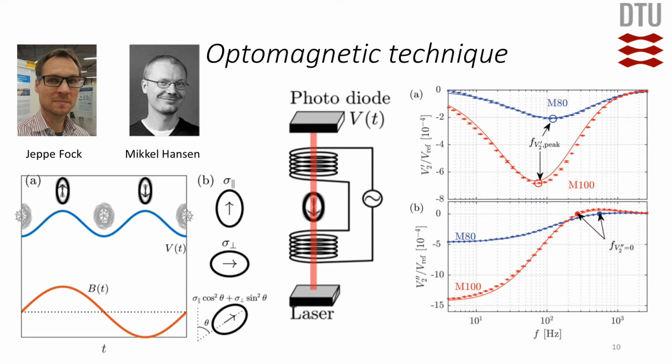On the plot in the left corner, you can see the oscillating magnetic field in orange and the second harmonic optomagnetic effect as a blue curve. And it is second harmonic because it doesn't matter whether the field is at the positive or negative amplitude.